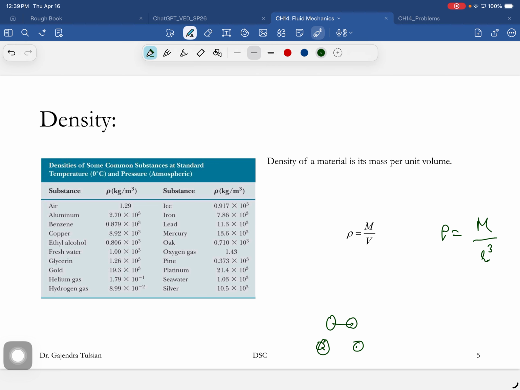So if atoms are this far apart in a solid, they'll be this far apart in a liquid, and they'll be this far apart in a gas. Okay. So as the average distance between atoms increases, the density decreases.